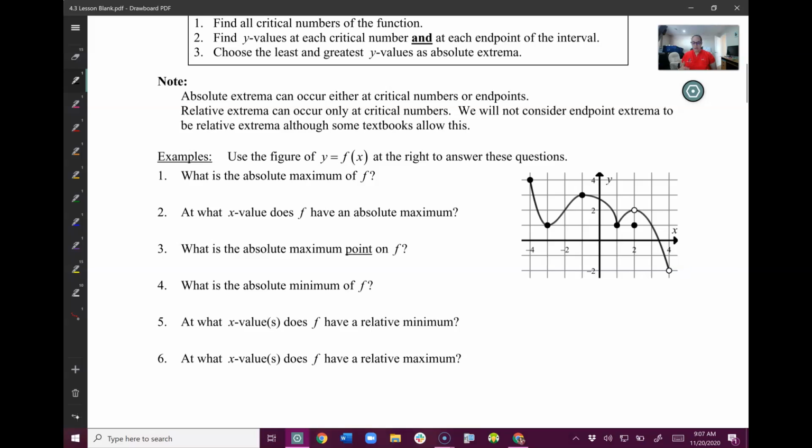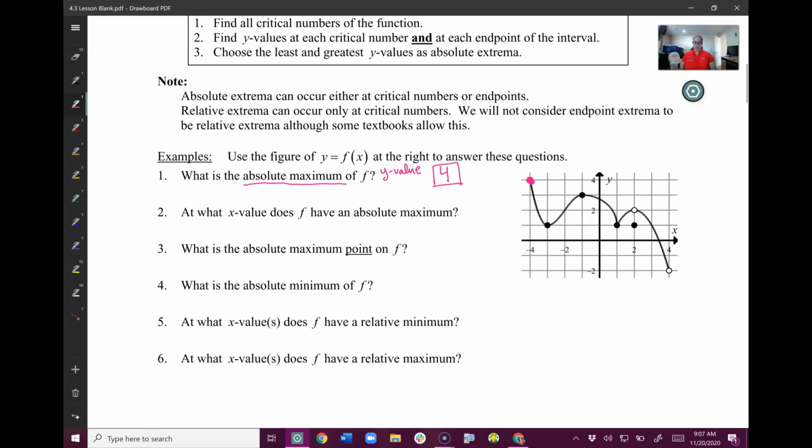What is the absolute maximum of f? The biggest maximum of f, absolute max, we'll do it pink, is right there. That's our absolute max. Now, if it's worded like this, it wants the y value. So the y value at that point is 4.